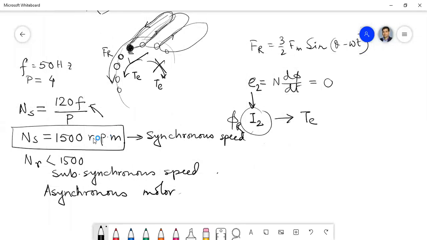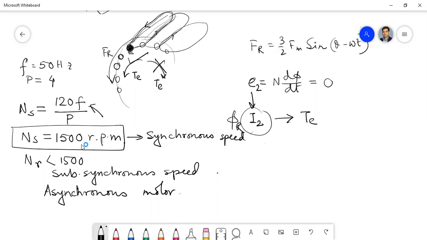Can you tell me what is the maximum speed of this type of motor? Suppose in this 3-phase induction motor, what can be the maximum speed? Anybody? Sir, in which frequency? In 50 hertz.